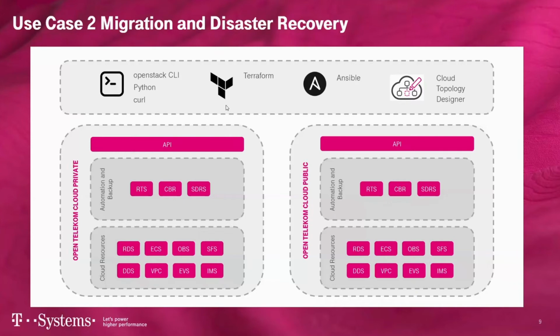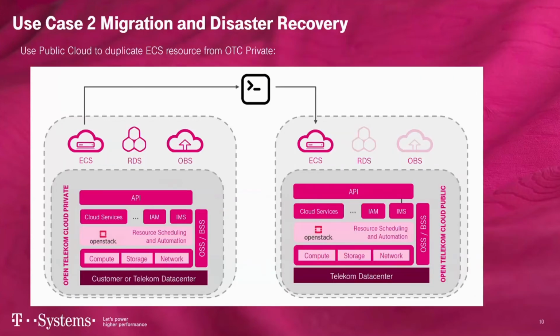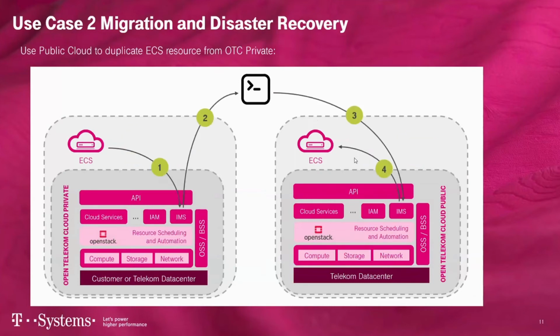So in our case, what we will show is how to duplicate a running ECS from private to public. How does it work in detail? We have a running ECS. This ECS is saved to the image service. So it's a snapshot which is taken here.